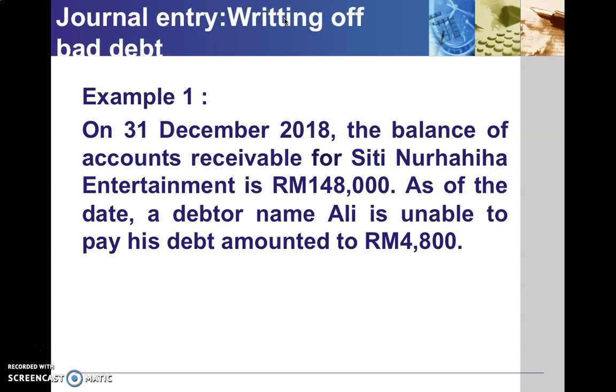Journal entry writing off bad debt. Example 1. On 31st December 2018, the balance of accounts receivable for Siti Nurhaliha Entertainment is 188,000. As of that date, a debtor named Ali is unable to pay his debt amounting to 4,800.